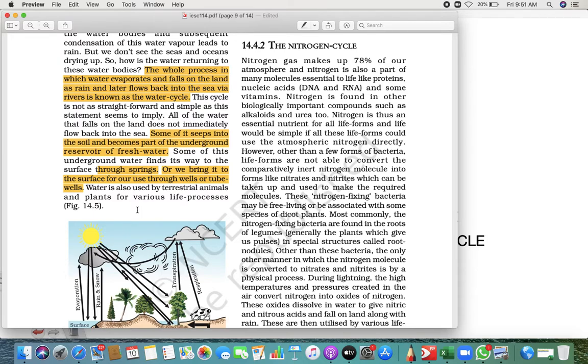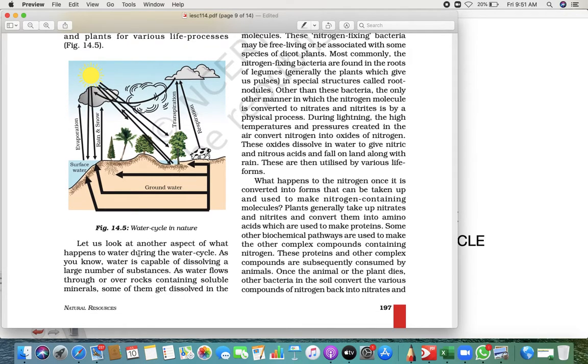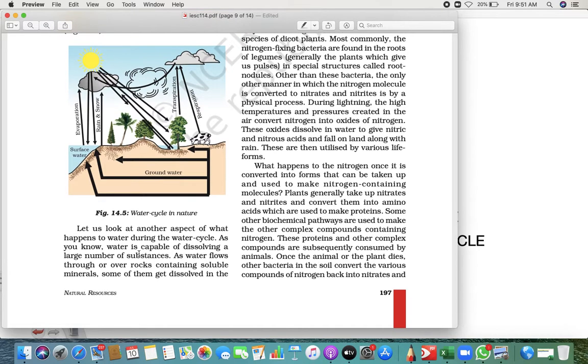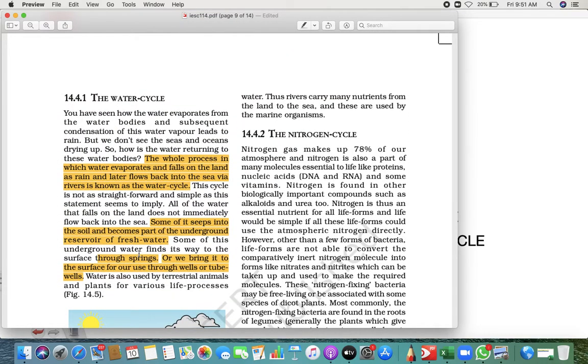Now water is also used by terrestrial animals like plants and animals for life processes. We all require water. So this is how the water goes from one form to another. As the water flows through rocks, many important minerals dissolve into it, which goes to the marine, and the marine animals get all these nutrients from that.